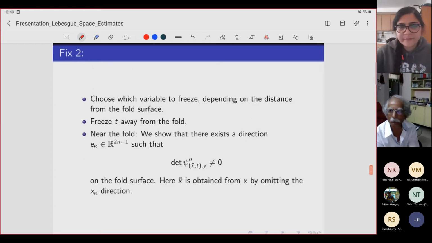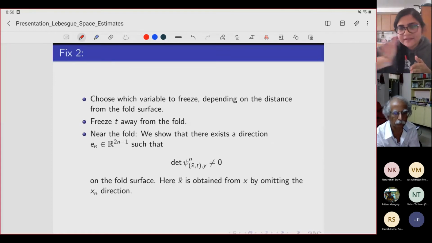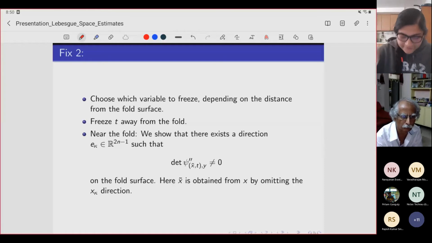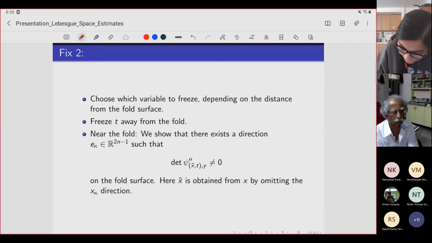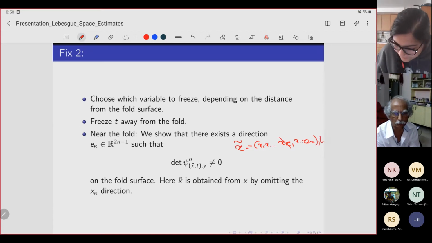So away from the fold, the fixed time estimates are good. So away from the fold, let's freeze the variable t. But what to do near the fold? So in our paper, we show that near the fold, there exists another direction. Let's call it e_kappa, and this is in R^(2n-1). So it's not the time variable. It's also not the last two directions. It's some direction different from that. But there exists some direction which is not the time direction, such that if you look at your variable x tilde, which is you take x1, x2, dot, dot, dot, but you just omit the x kappa, and then you take the time variable, right?